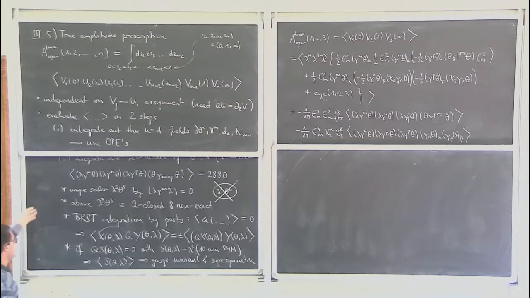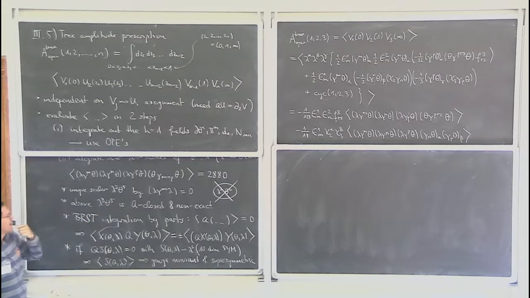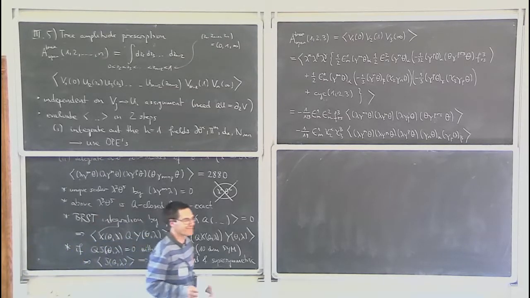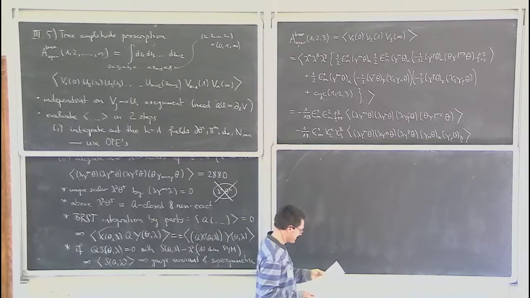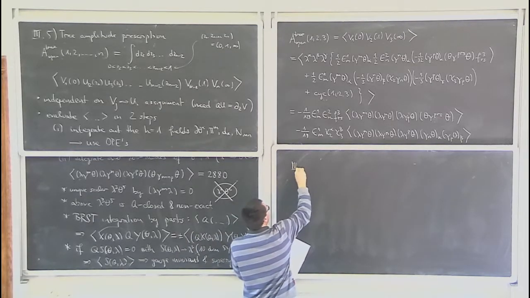I was giving indirect arguments. I don't know off the top of my head a direct path to arrive there. But any other choice is not compatible with the cohomology structure. Not the most satisfactory answer, I admit.